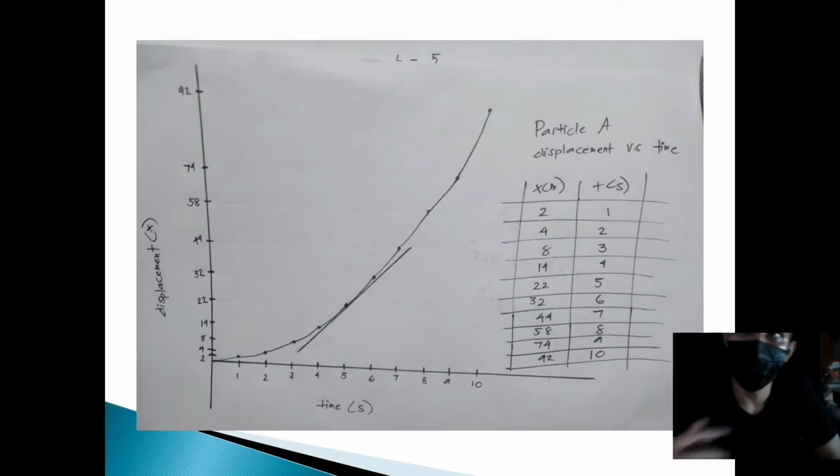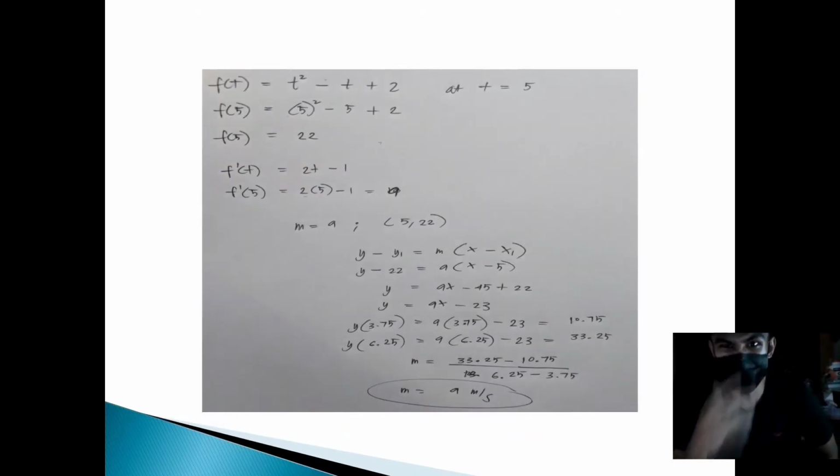If we're going to find the equation of a tangent line, para mas exact ang atong answer, dili ra based on graphical visualization, di ra ta mano-mano ba. We're going to really solve it. So the first thing we need is the slope and the x and y at x is equal to 5.